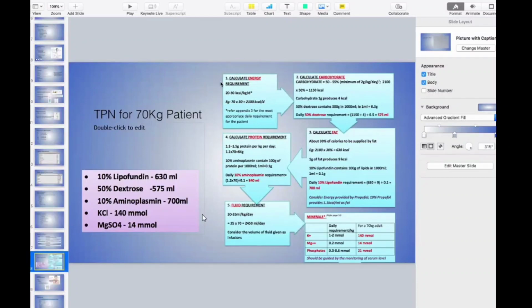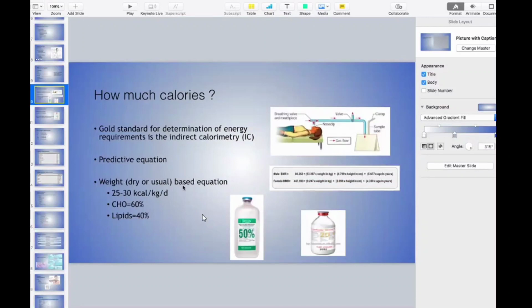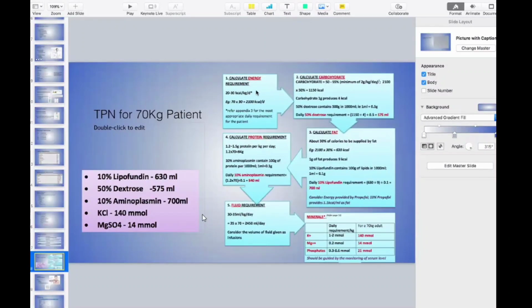Here you have to give the energy. I told you we are going with an arbitrary 20 to 30 kilocalorie weight-based energy calculation. Here energy is a weight-based equation, so we have 30 kilocalories per kilogram per day. 70 into 30 is 2100 kilocalories.